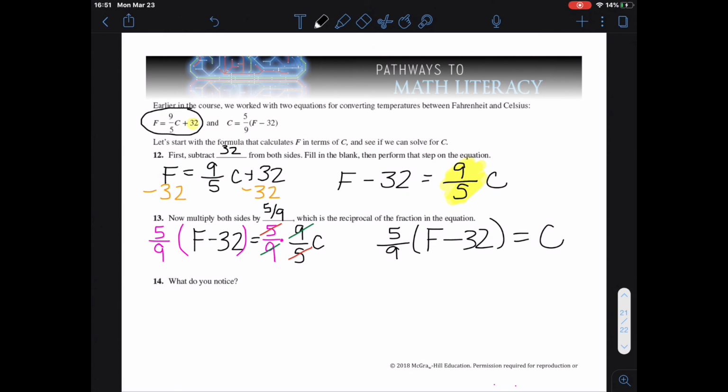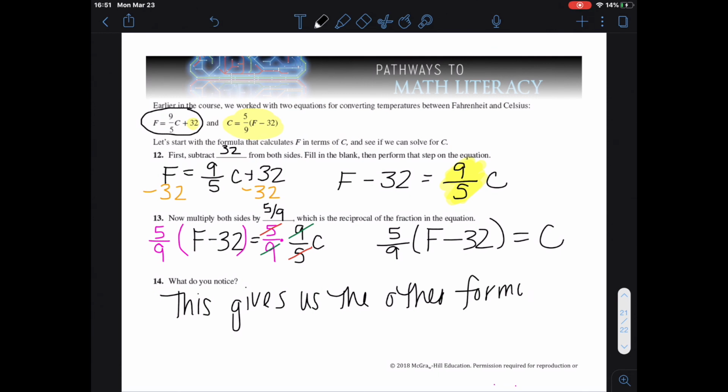So what this does is it actually gives you this other formula that we have. So both of them represent the same equation, they're just solved for different variables, just like we did in that last example.